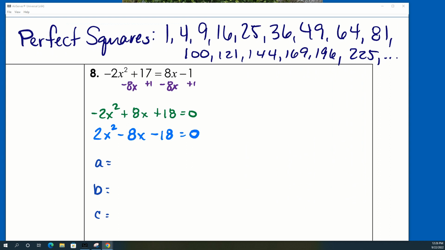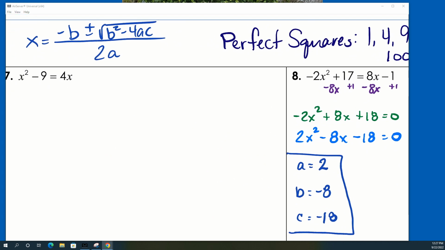All right. And so A is going to be the coefficient of x squared, B the coefficient of x, and then C is going to be your constant. All right. And now we're ready to plug those into the quadratic formula.